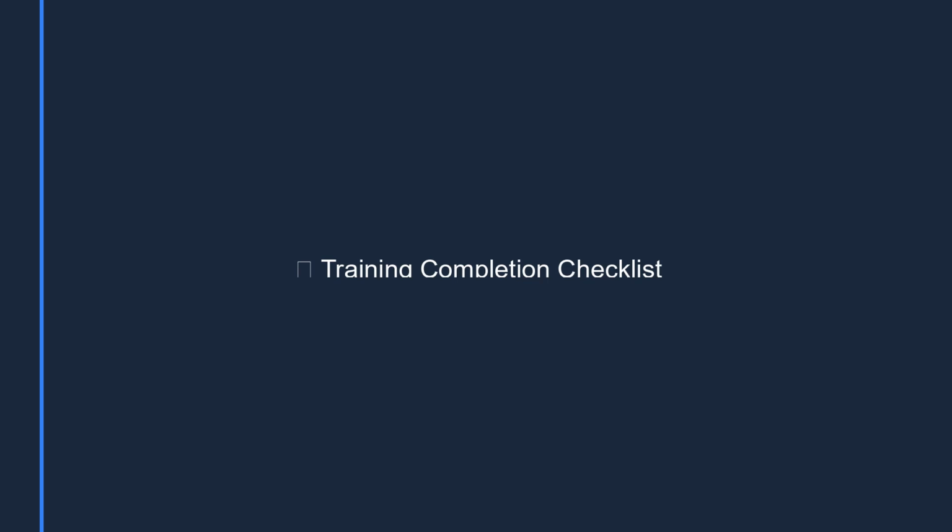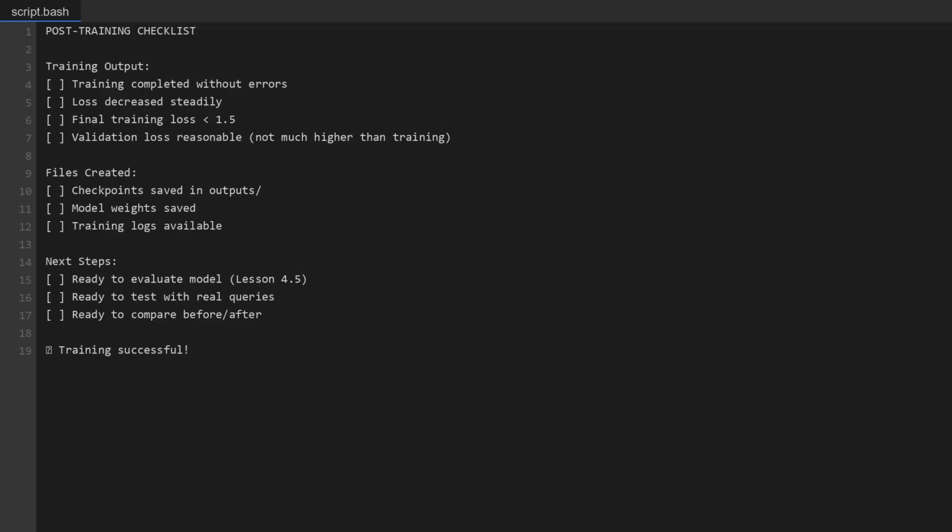Training completion checklist. Before calling this training run done, verify 4 things. First, training completed without a Python exception. An error mid-run means your saved checkpoint may be incomplete. Second, your final training loss is below 1.5 and the validation loss isn't dramatically higher. That gap is your overfitting indicator.